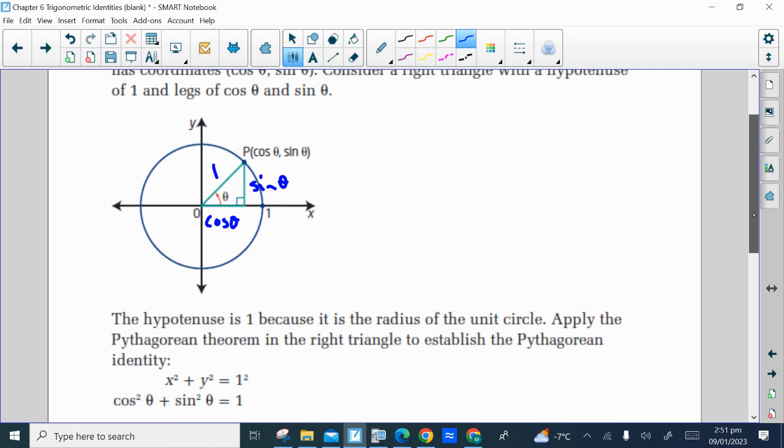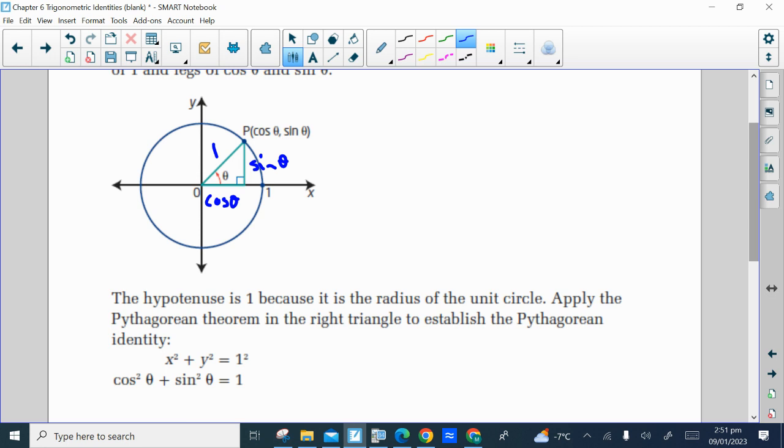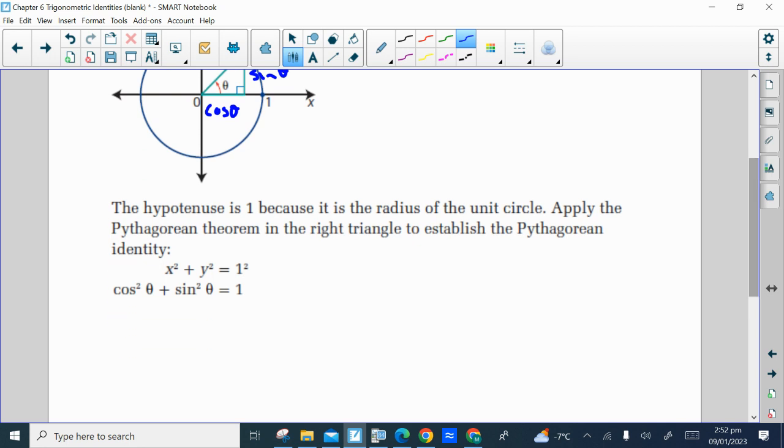So if we apply the Pythagorean theorem, x squared plus y squared equals 1 squared. X is cosine theta. Sine theta is the y value. And so if you square cosine theta, it's cosine squared theta, plus squaring sine theta gives us sine squared theta. This is known as our Pythagorean identity: sine squared theta plus cos squared theta equals 1.